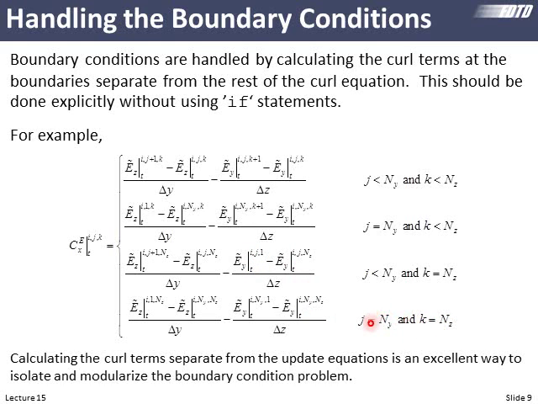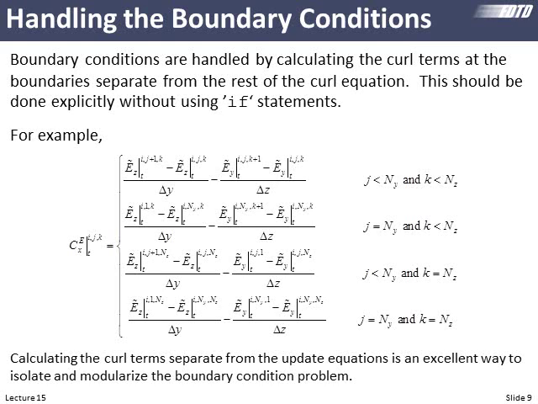We're at both the y high and the z high side of the grid, and both the k plus 1 and j plus 1 would be reaching to the outside of the grid. So we simply put in periodic boundaries for both of those. And if we want a Dirichlet, we would put in 0s for both of those. So that's how we write our curl computation with the boundary conditions.